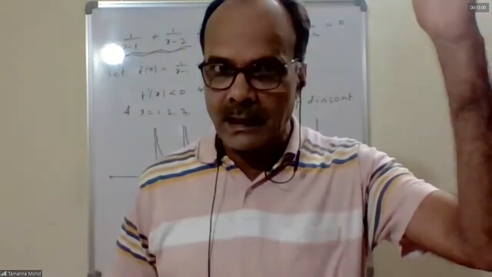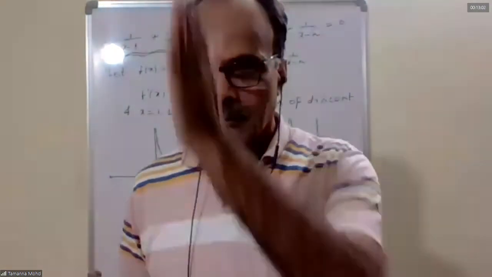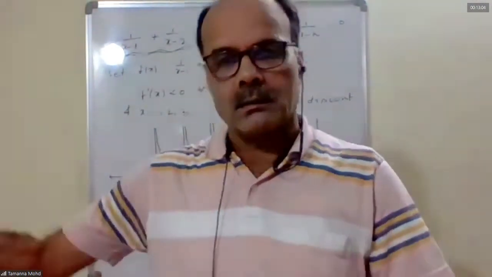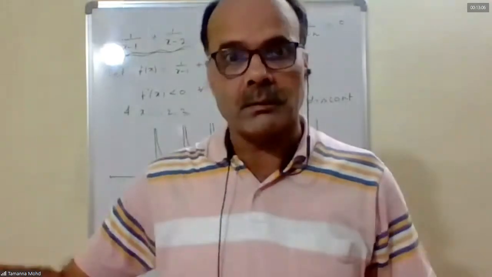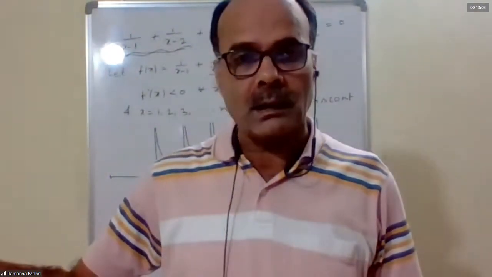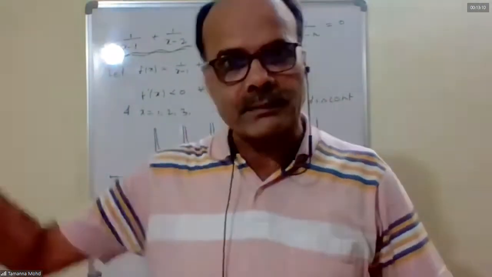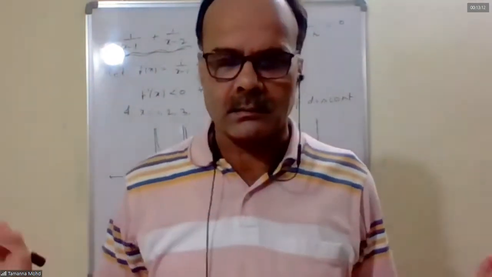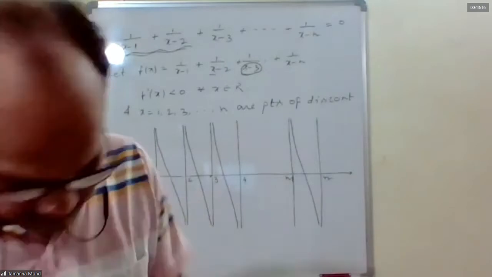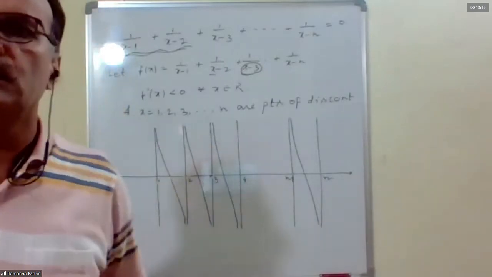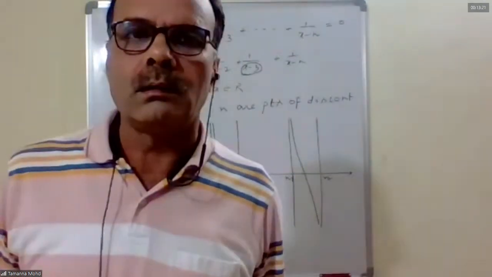And draw vertical lines at the points of discontinuity. And then find values or limiting values at the critical points. After that, join it. That's it. Okay? Shall I rub it? 1 minute.